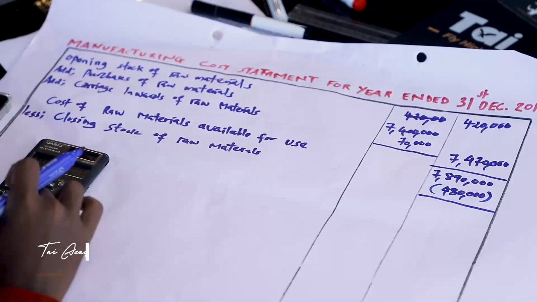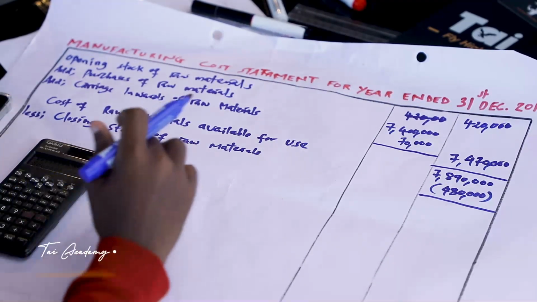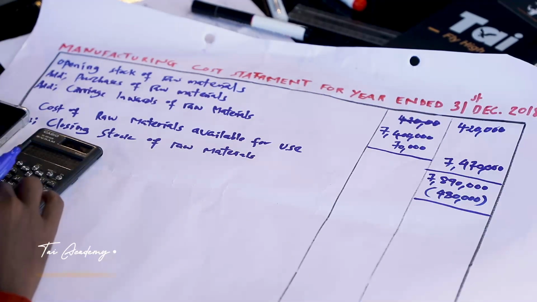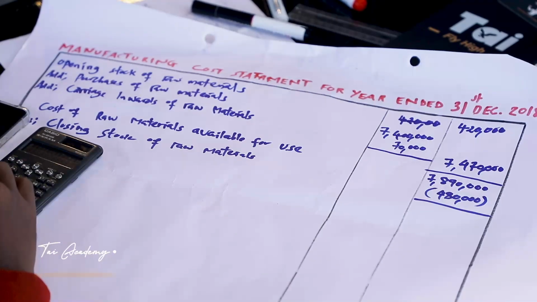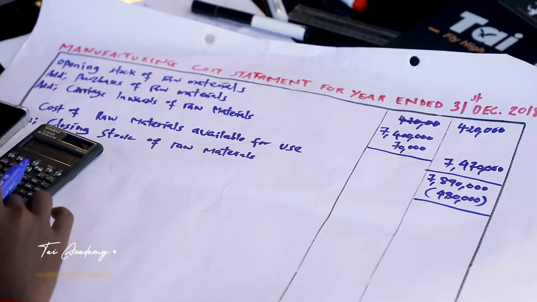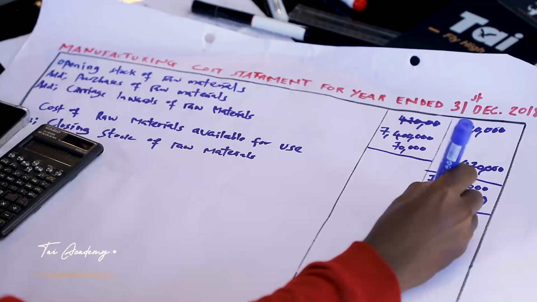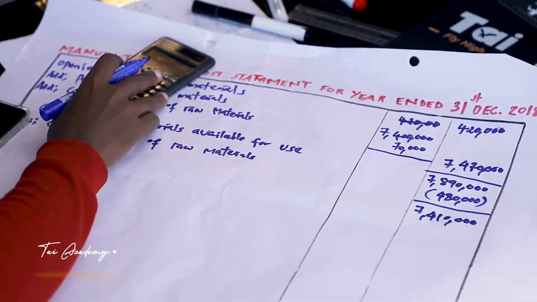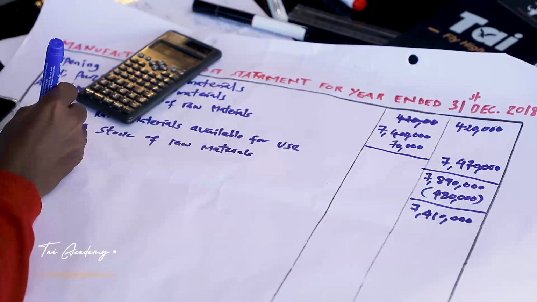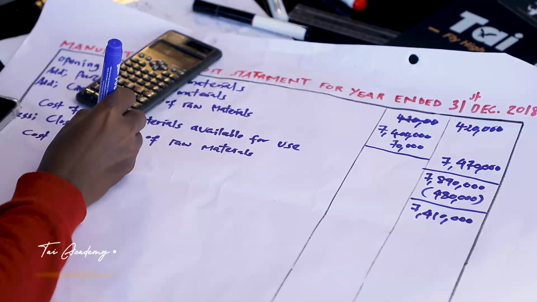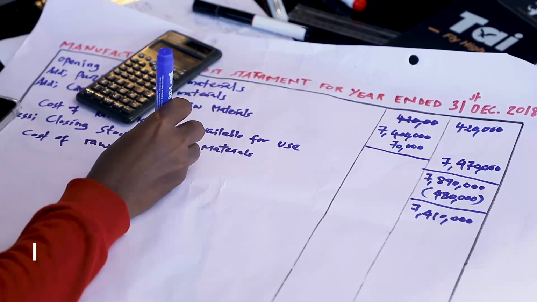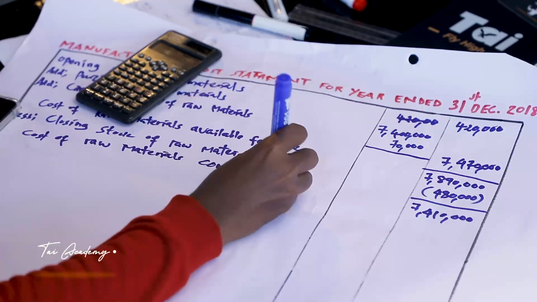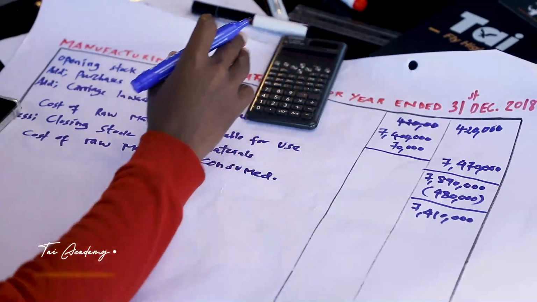So when you take 78,90,000 minus 480, I'm going to get 7,041,000. Kwa hiyo ambayo tutapata hapa itakuwa ni cost of raw materials consumed. Hiyo ni upande wa raw materials zenyewe.